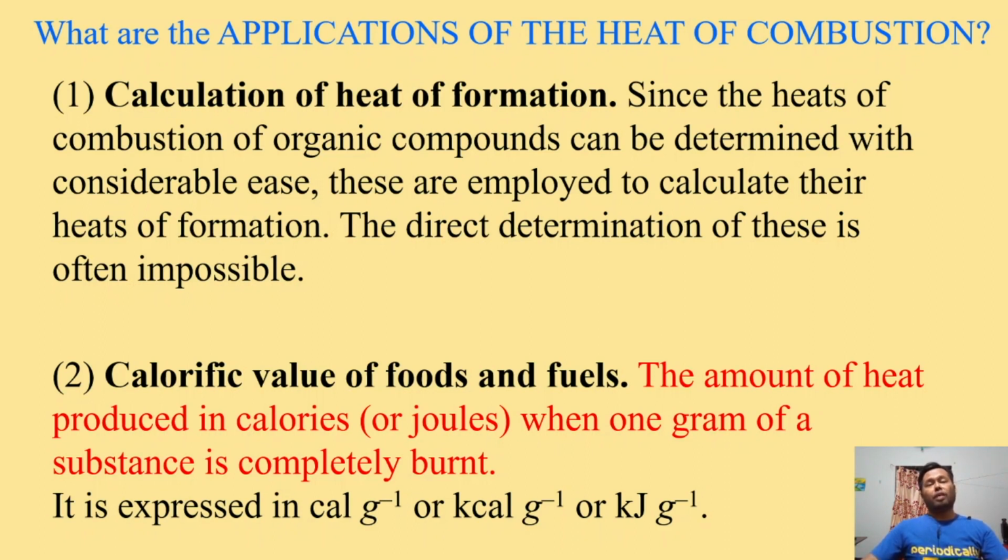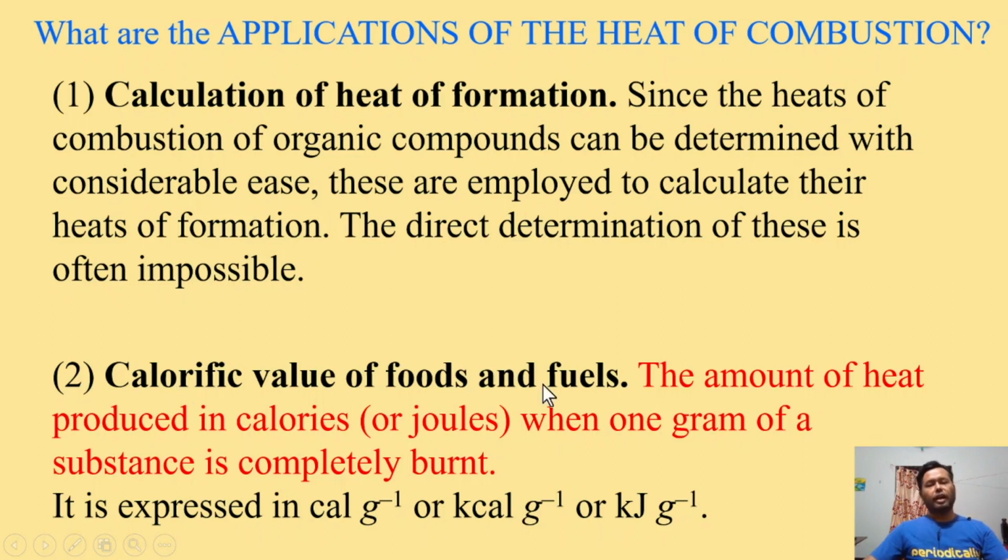So how do we determine this? Let us consider a gram of chips. When you eat chips, you get some energy. So in each pack of chips, you will find the value for energy. How is it obtained?